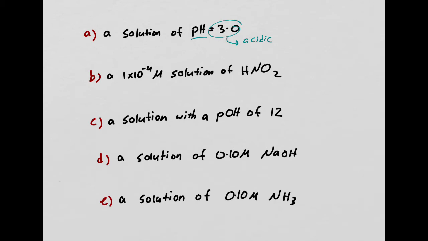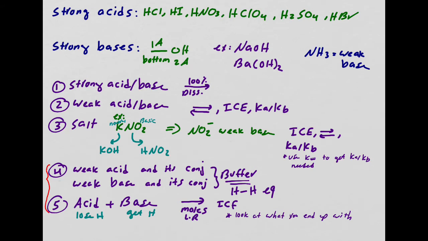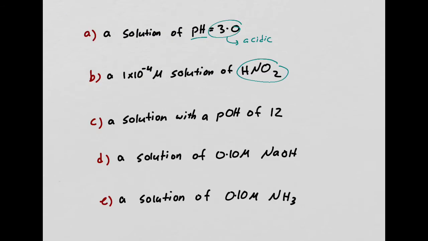The second one, I have HNO2. HNO2 is not one of the strong acids. HNO3 is not HNO2. If it's not one of the strong acids, that means it's a weak acid. So it's a weak acid, but again, it's an acid. So I'm going to have an acidic solution, right?